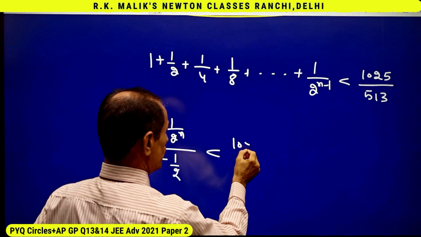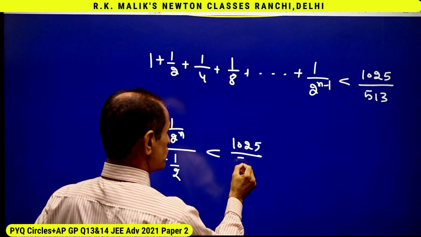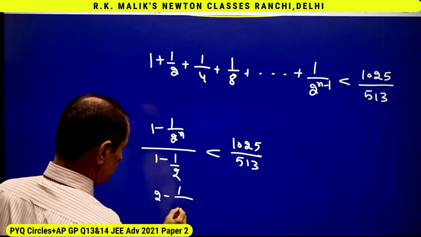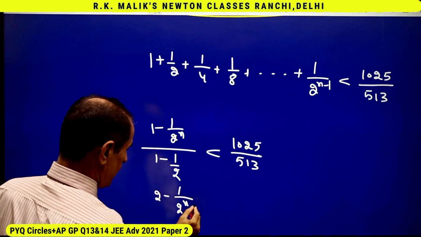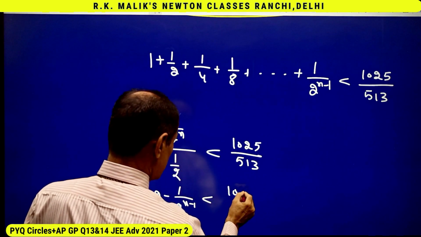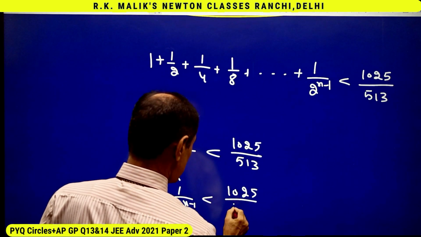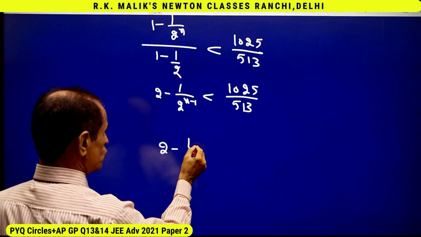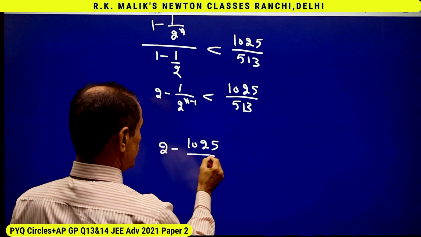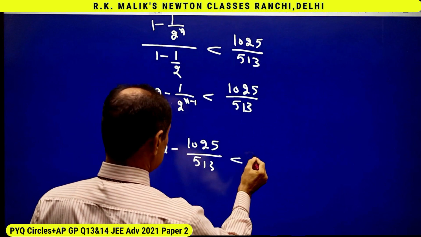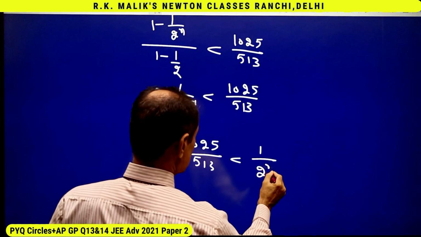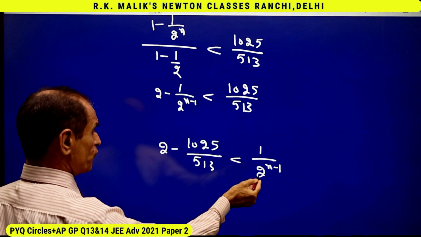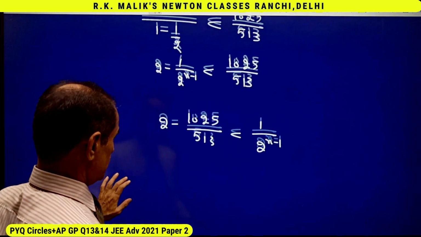That is 1 minus 1 by 2 to the power n upon 1 minus 1 by 2 is less than 1025 by 513. That is 2 minus 1 by 2 to the power n minus 1 is less than 1025 by 513. That is, I can say 2 minus 1025 by 513 is less than 1 by 2 to the power n minus 1. Note that we have to find the maximum value of n satisfying this.